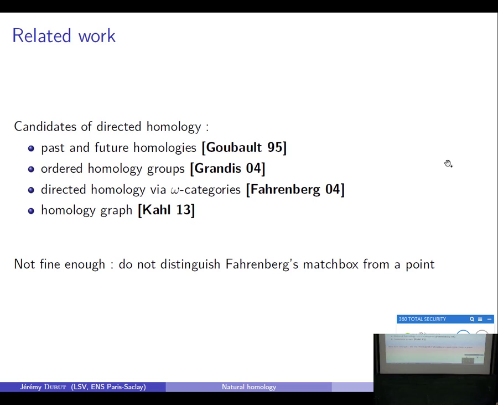But the matchbox being contractible, its homology will be trivial. And so adding some structure on something which is trivial will only give you something trivial. So we will not be able to detect something doing this. So we must be a bit more clever to detect defaults of dihomotopy in the matchbox.